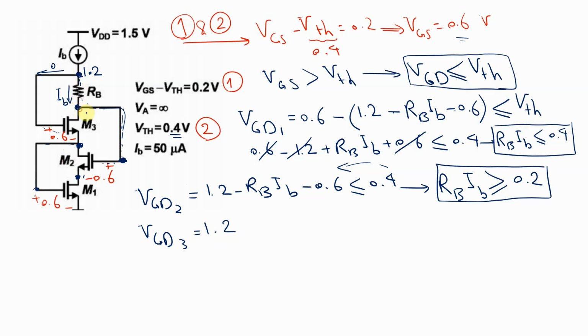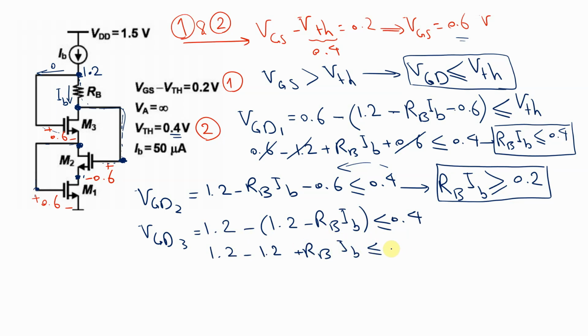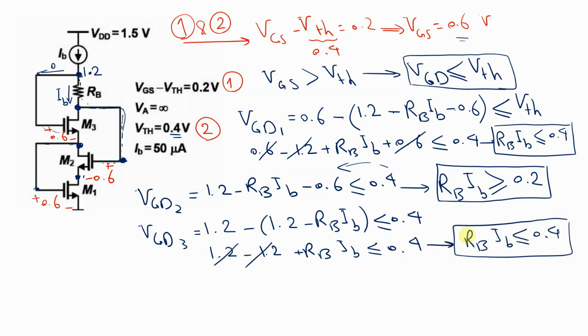Starting from here to there, 1.2 minus 1.2 minus RAB IAB less than or equal to 0.4. It's obvious that 1.2 minus 1.2 cancels out, and we have RAB IAB less than or equal to 0.4. So this is the third condition to consider.